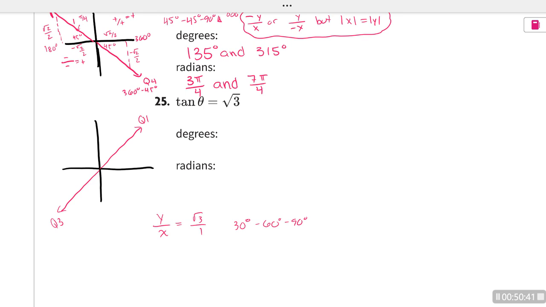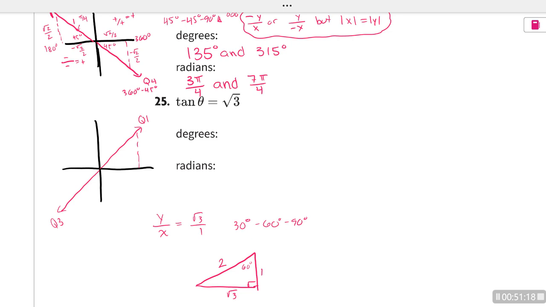So 30, 60, 90, let me sketch just the basic 30, 60, 90 down here. Not quite to scale, but that's okay. So let's say that my hypotenuse is 2 for this triangle. Let's say this is 60. This would make this square root 3, and this would make this 1. Actually, we want the y value to be square root 3, so I probably should have oriented this a little differently.